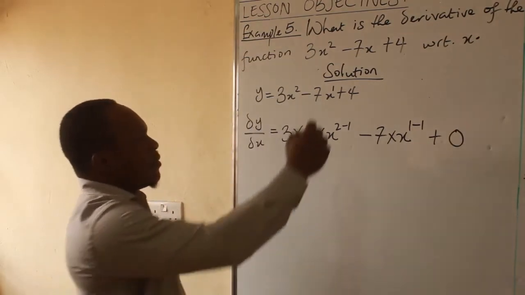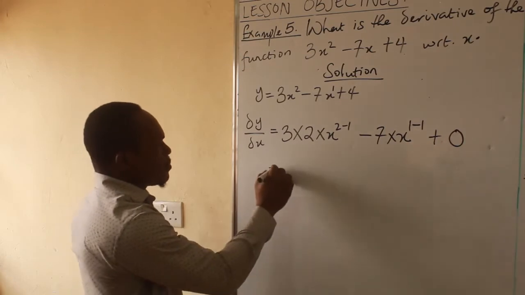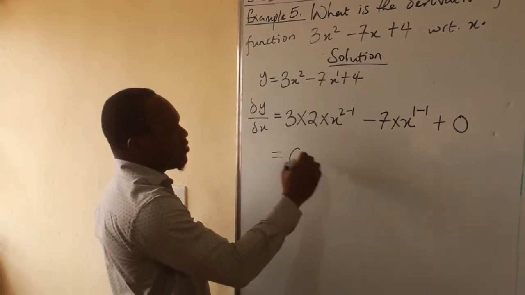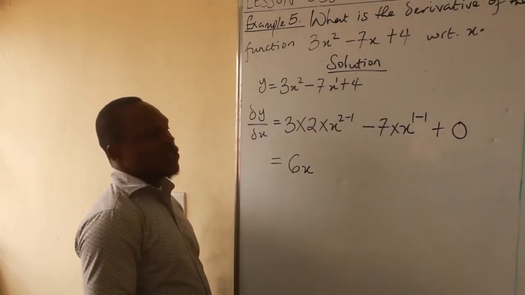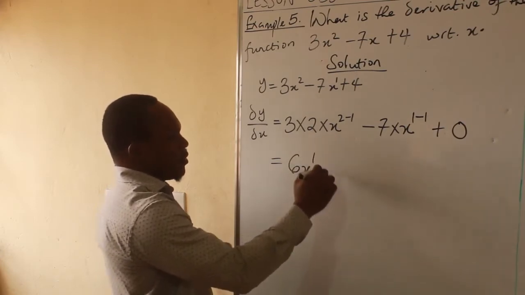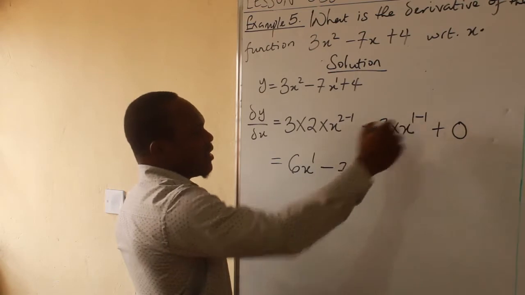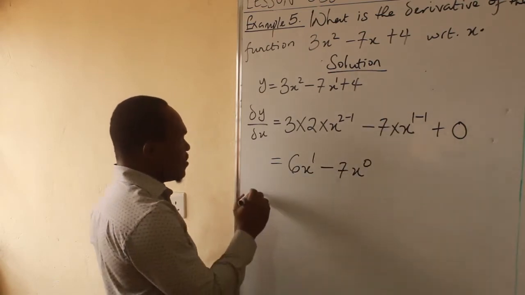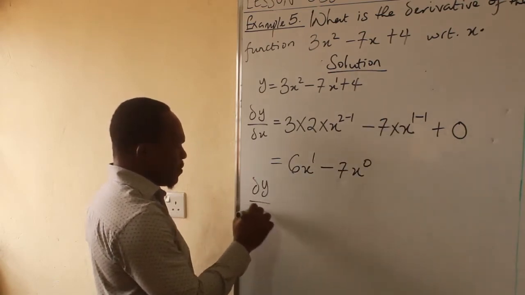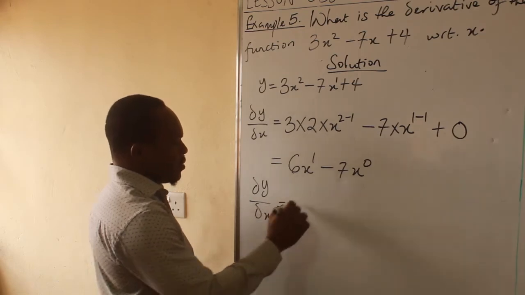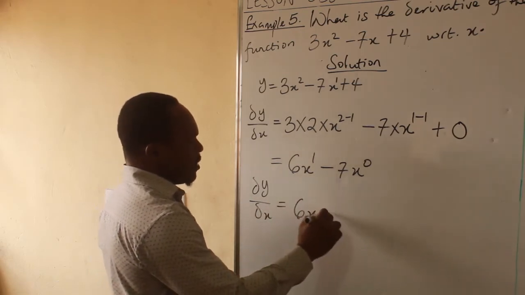Okay, this will now become 6x raised to power 2 minus 1, which is 1, minus 7x raised to the power of 0, because 1 minus 1 is 0. Finally, dy over dx will now be 6x minus 7.